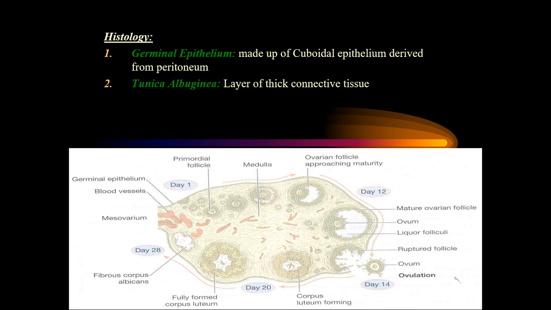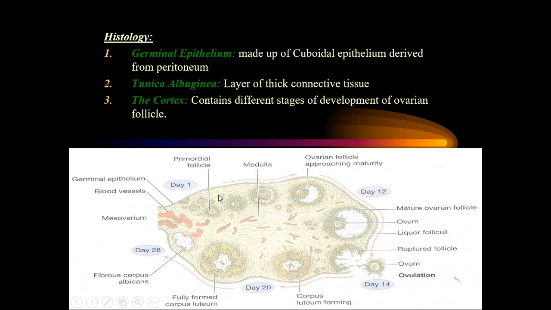And deep to it, there is a whitish connective tissue layer, and this is called the tunica albuginea, as albuginea stands for whitish and tunica for layer. Okay, so this whitish layer, the tunica albuginea, will have very few follicles or no follicles at all. Then the next layer where there will be a huge quantity of follicles is the cortex.